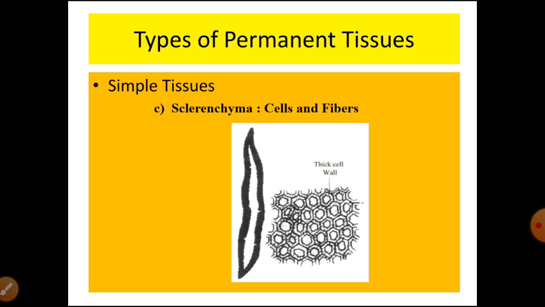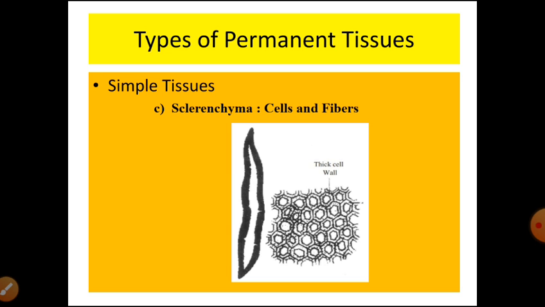These sclerenchyma cells are of two types. They may be in the form of globular cells called sclereids, or they are in the form of fibers called sclerenchyma fibers.